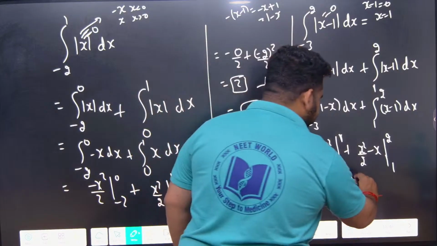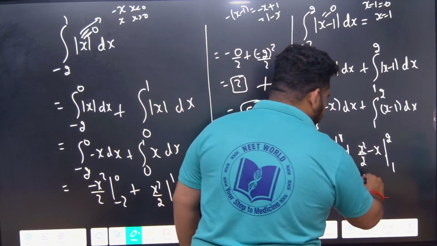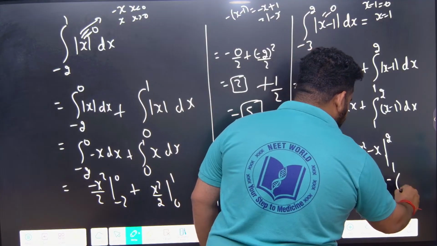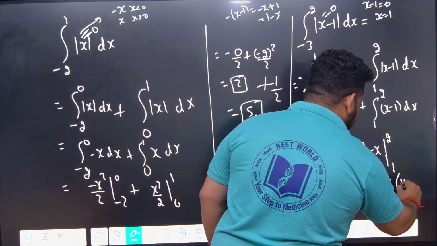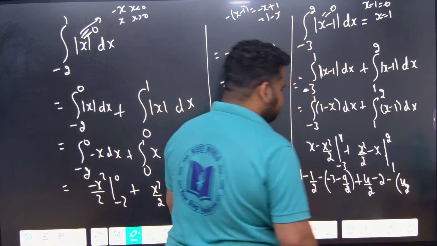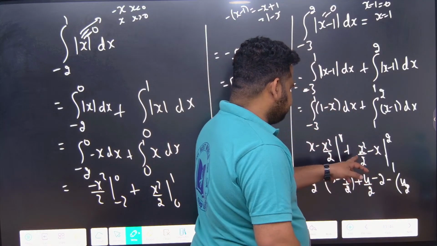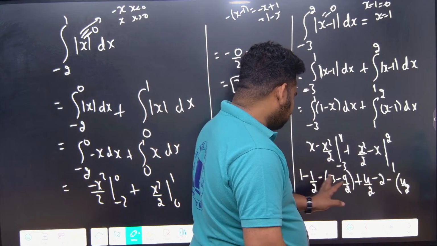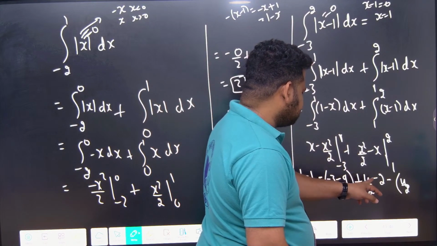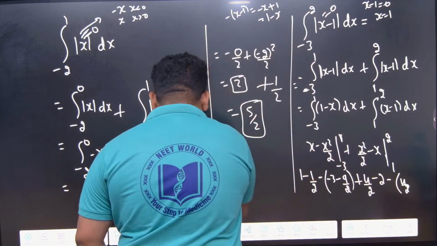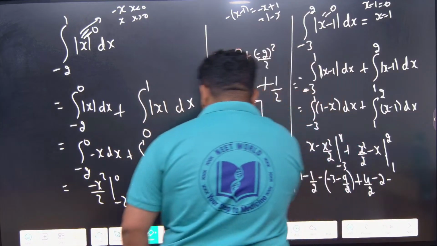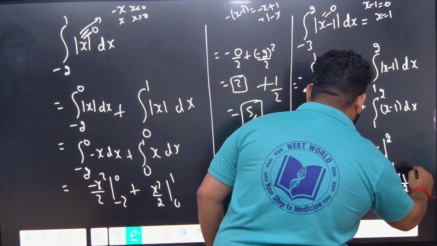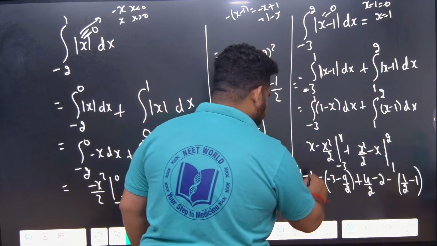Plus, put the value, upper limit is 4 by 2 minus 2, where 2 square is 4. Next, the lower limit will become 1 by 2 minus 1. Here also 1 by 2 minus 1.